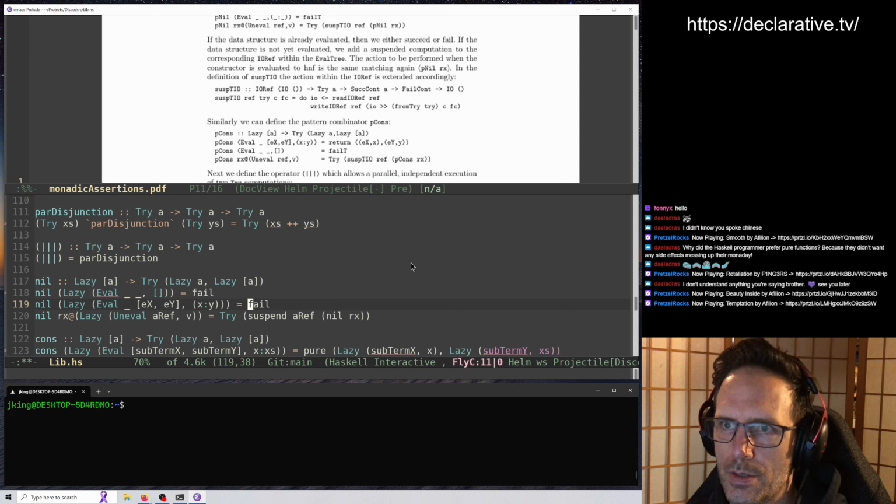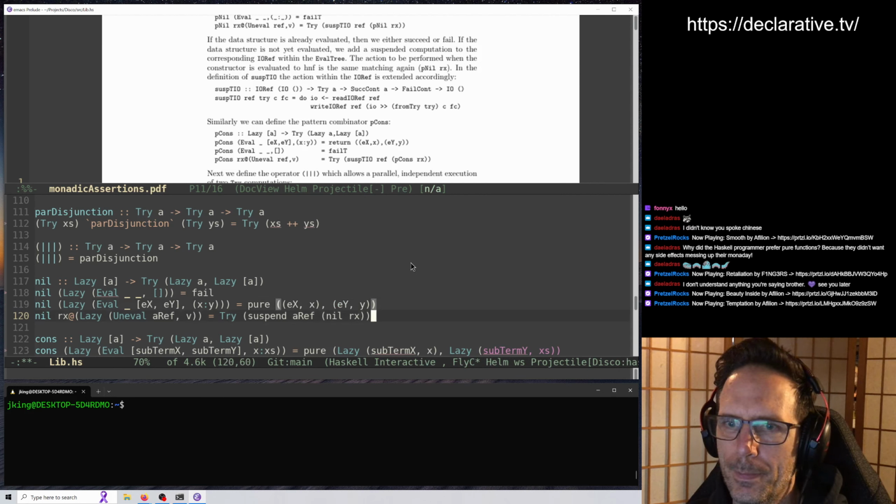Some computations and return pure, and this EY of Y. Then on the uneval case, we have the aref V. We try to suspend the aref. And the pecans. Oh, sorry, this is pecans.